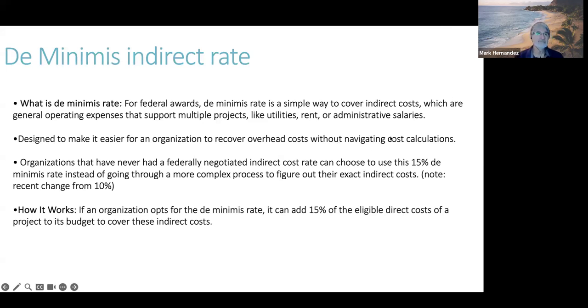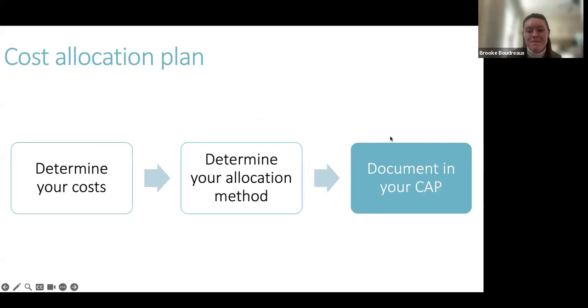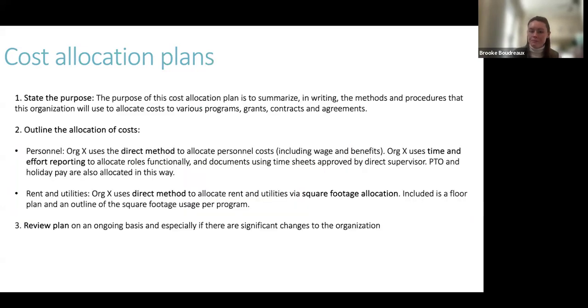Awesome. Okay. So up to this point, we've done a lot of work in talking about the types of costs that we have as an organization, and how to determine our allocation method for those various expenses. And finally, we're going to take both of those pieces and document them in the form of a cost allocation plan.